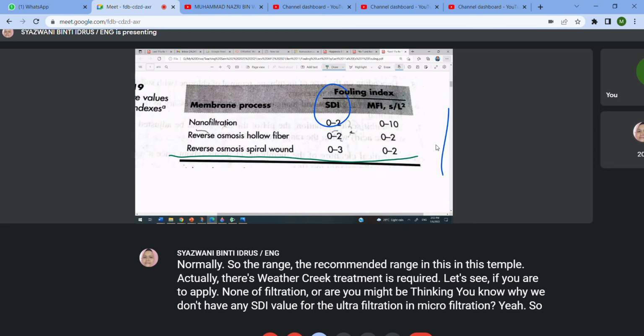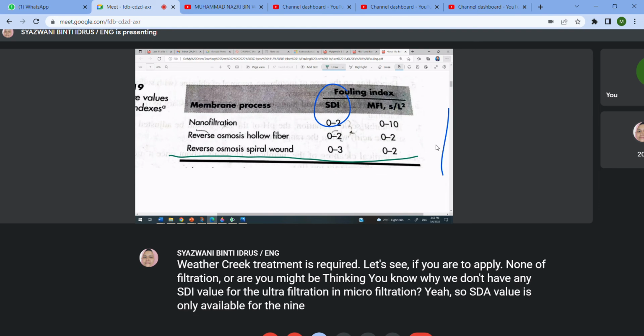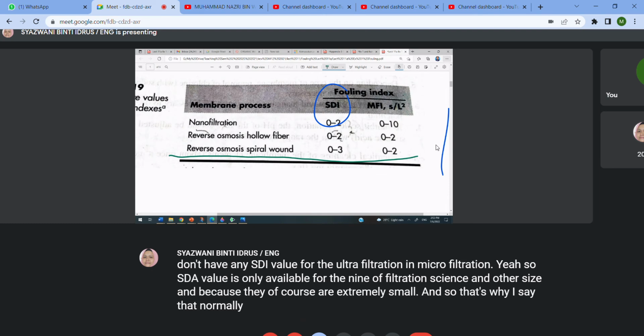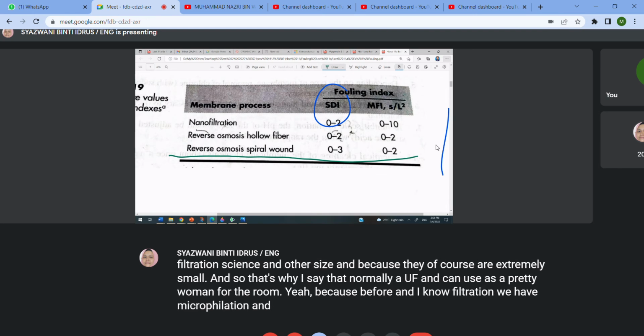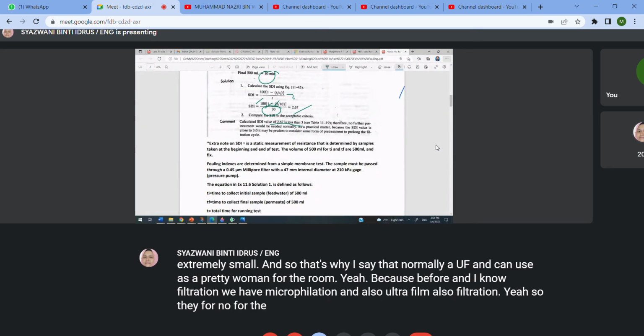The SDI value is only available for the nanofiltration and RO, because their pores are extremely small. That's why I said that normally UF and MF can be used as a pre-treatment for the RO, because before nanofiltration we have microfiltration and also ultrafiltration. So therefore no further pre-treatment is normally needed.